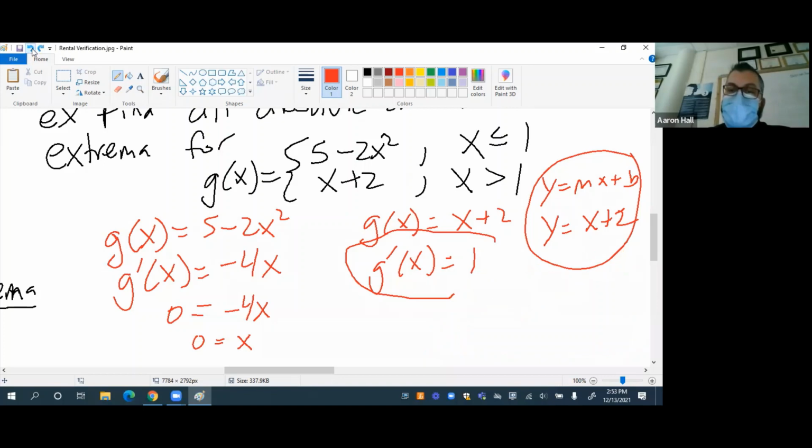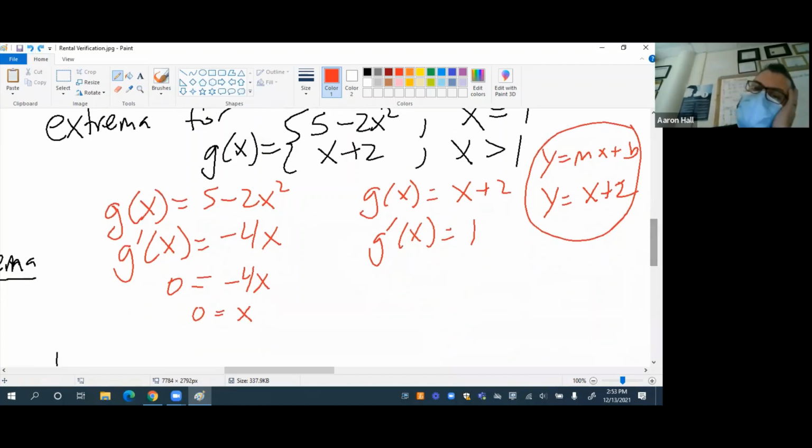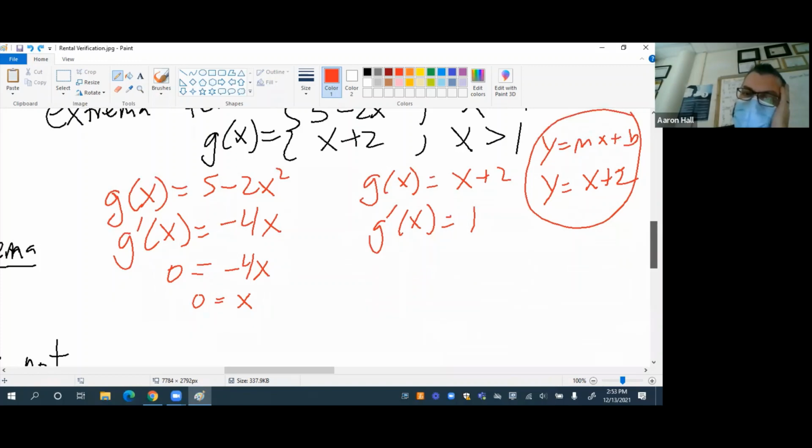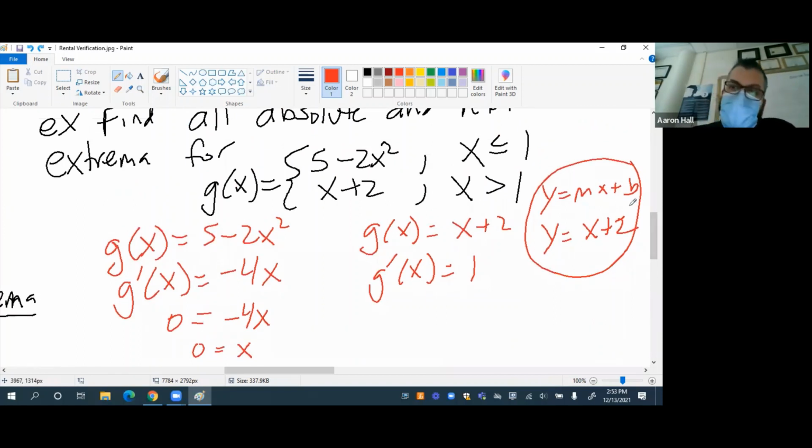So let's try to figure out. I'm going to use some verbiage that I haven't used before. I'm going to use this verbiage called a critical point. A critical point is not necessarily an extrema. It's a point we need to examine.